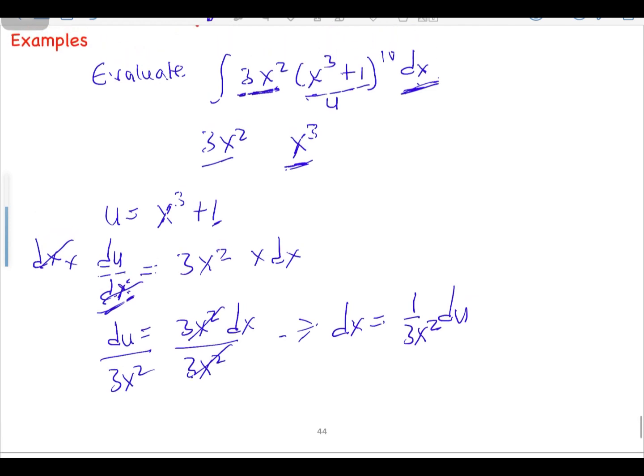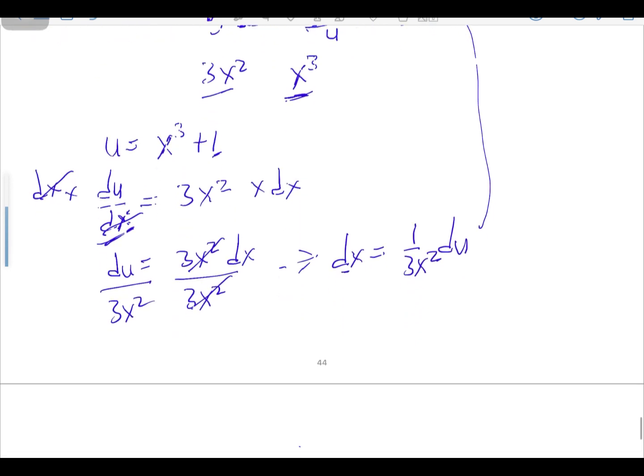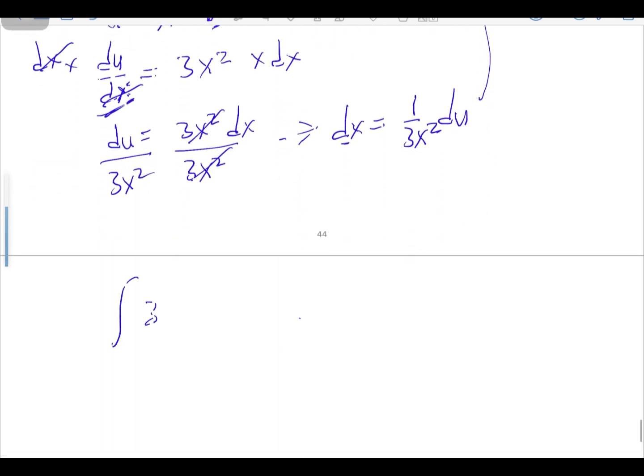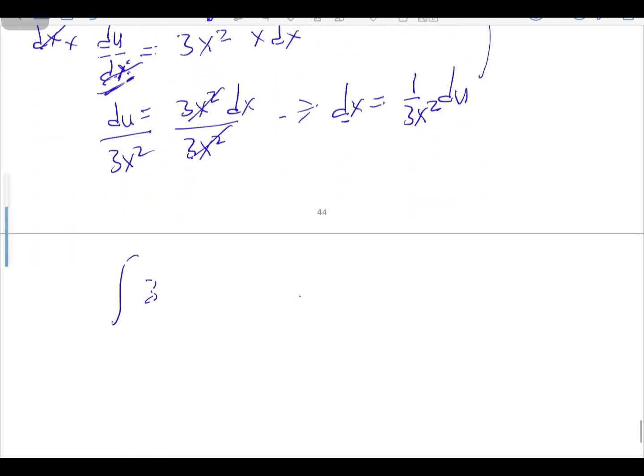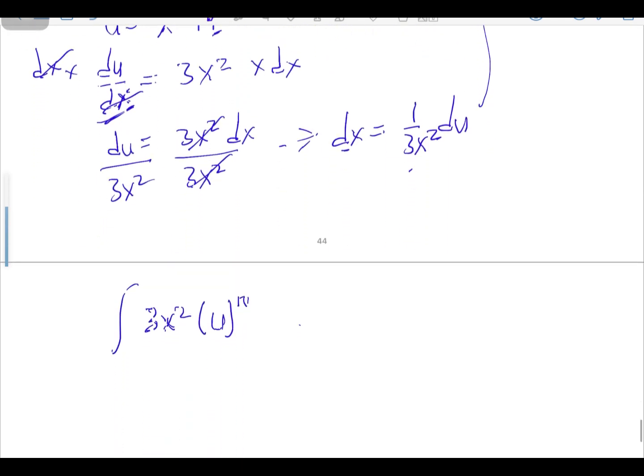Now we can substitute this dx with this. At the end of the day, we are going to get the integral of 3x squared, and then remember that we represented whatever is in the bracket by u, and u is in power 10. Now we are replacing this dx by 1 over 3x squared du.